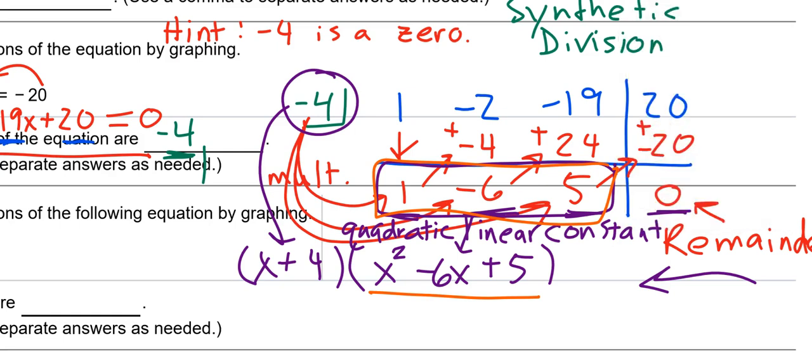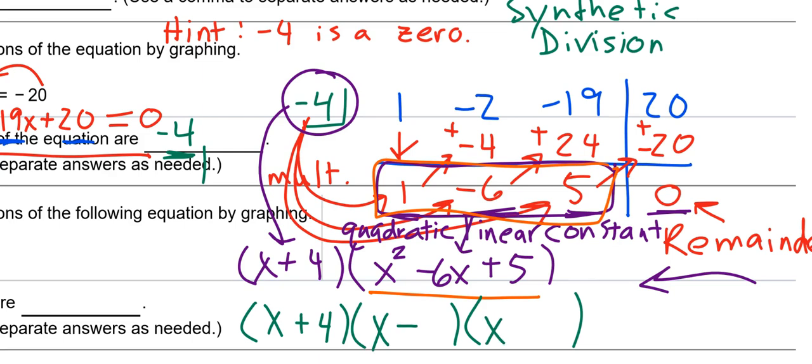Now, keep factoring it. This is the part that you don't need help with. What should this factor into? x minus 5 and x minus 1.